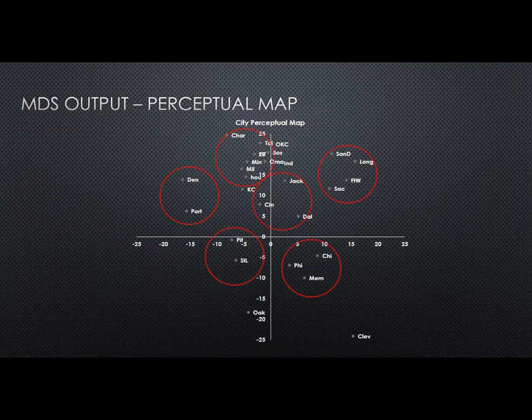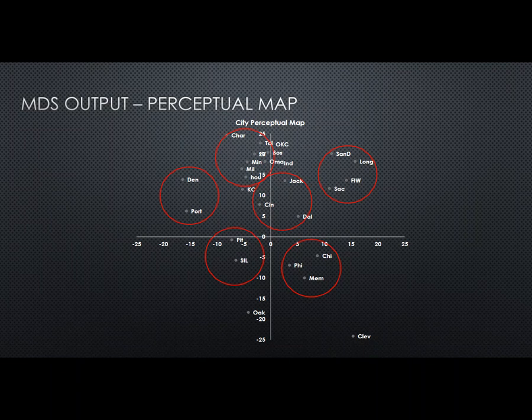So if we attempted to actually create some formal clusters, we could do something like this. And we have kind of an even size cluster in terms of our circles. It doesn't mean we have the same number of cities, but we do have equal size clusters in terms of area, at least on this perceptual map.